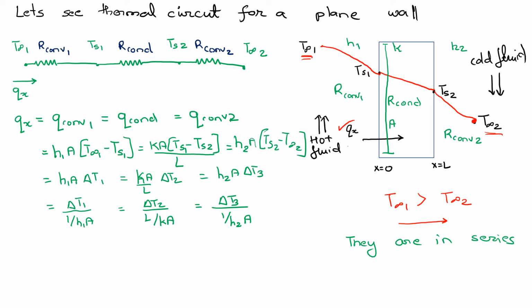Okay, so from Ohm's law, what was our Ohm's law? Our Ohm's law for thermal resistance was that our thermal resistance was equal to delta T by Q, right?